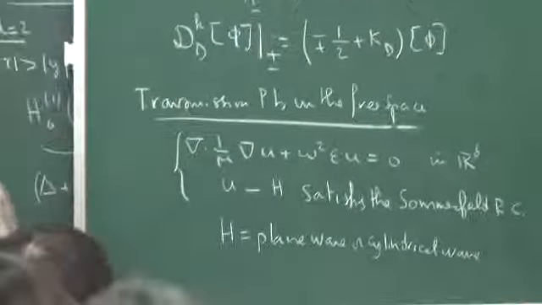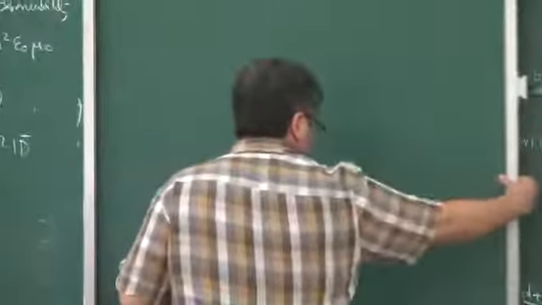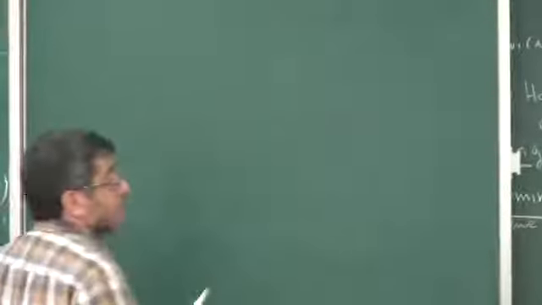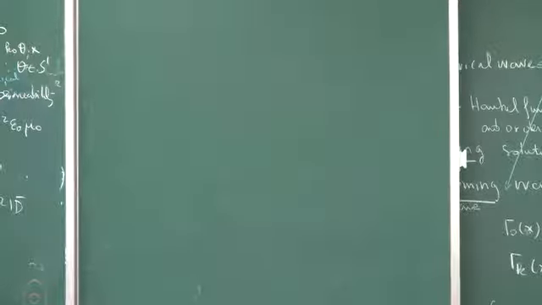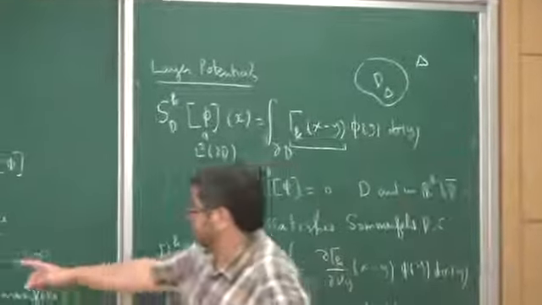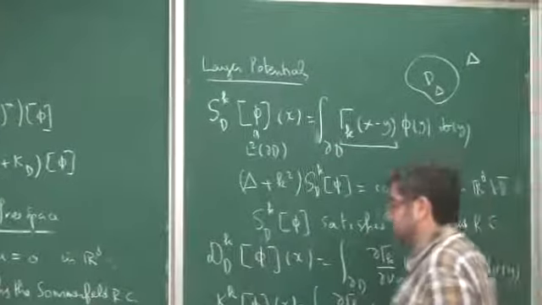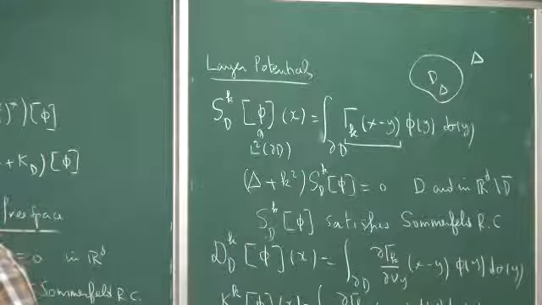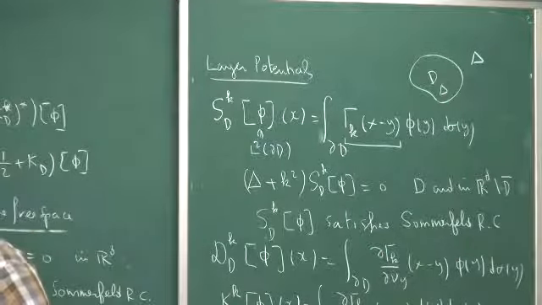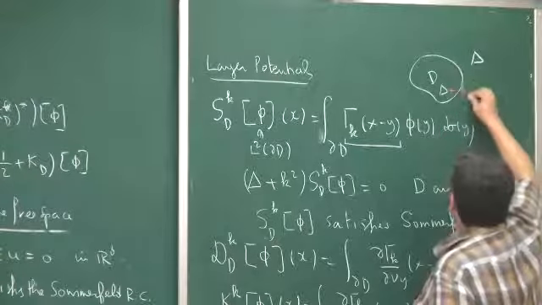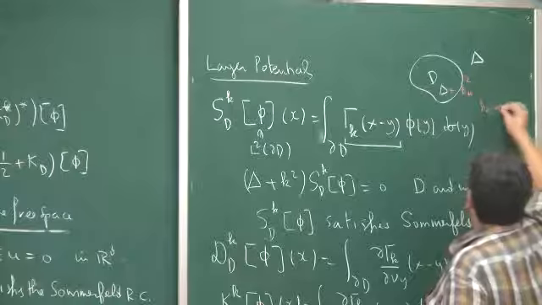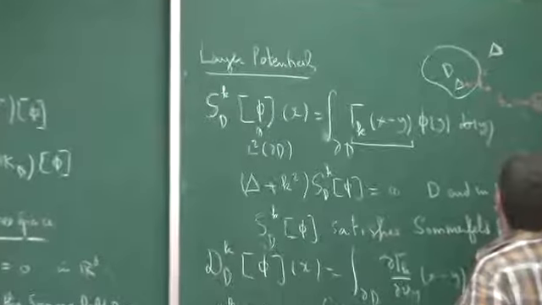Actually, there is a difference with the conductivity equation. For the conductivity equation, the equation was Laplacian inside and Laplacian outside. Now, the equation inside is, instead of Laplacian, Laplacian plus k star square, where k star is equal to omega square root of epsilon star mu star.